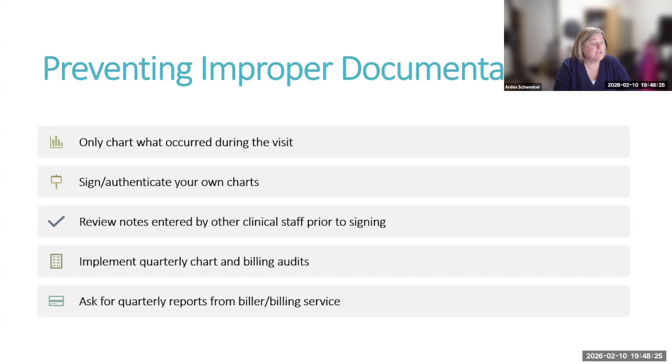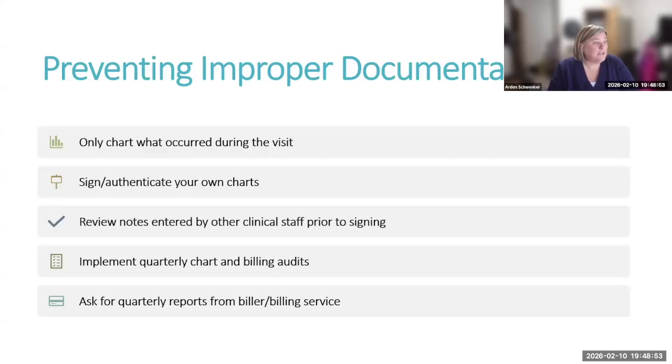If any other clinical staff enters notes in the medical record prior to you signing it, you should review those notes for accuracy. I forgot to add this to my slide, but if you are using AI in your EMR to transcribe your notes into the medical record, you have to check it for accuracy. AI is not accurate 100% of the time.